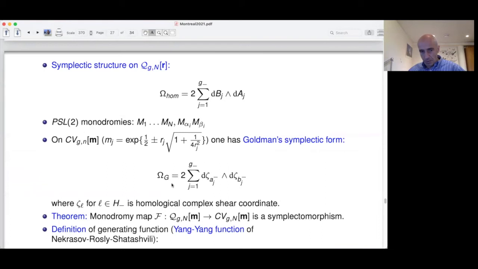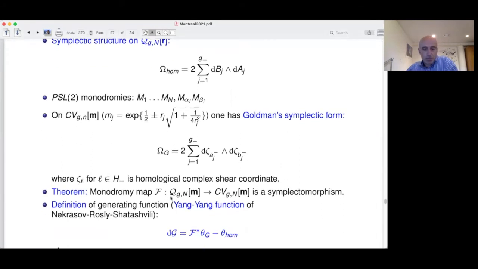On the monodromy map, you can write the Goldman bracket on the character variety in terms of alpha and beta extension of Fock-Goncharov variables. So by linear combination of the usual Fock-Goncharov coordinates, you can cook the actual Darboux coordinates for the Goldman bracket on the symplectic leaf, and then you can prove the theorem.